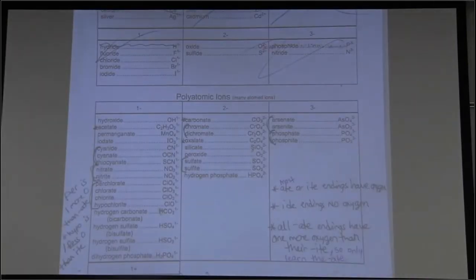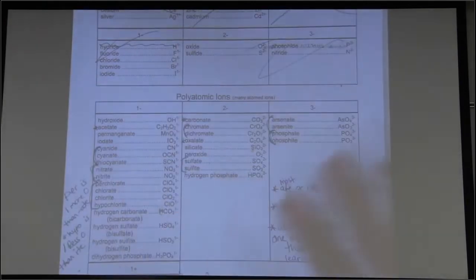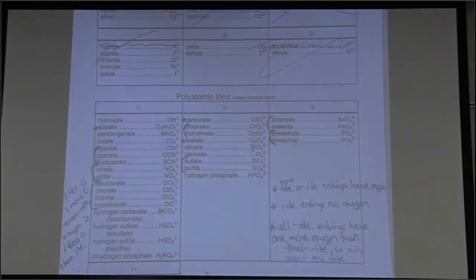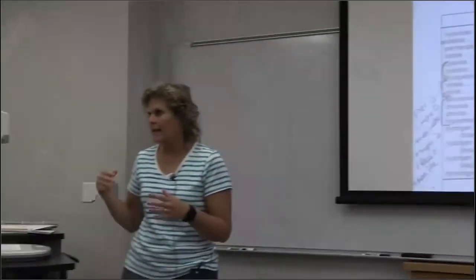Let me go backwards for a minute, then I've got more labeling on the periodic table for you to do. But let me explain why we're learning this and kind of the picture of where we're going to go in the next 2 or 3 weeks before the next exam. Right now, we are going to spend a lot of time labeling the periodic table, and I'm giving you kind of pieces to help you get ready for nomenclature, which is the naming of compounds, writing formulas.